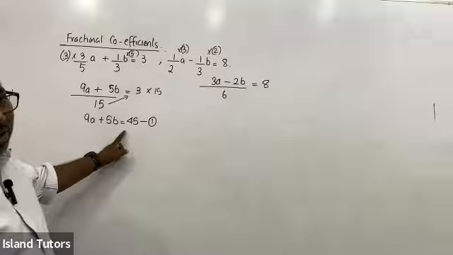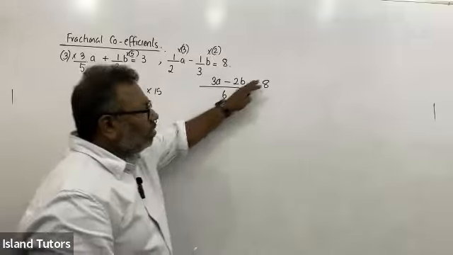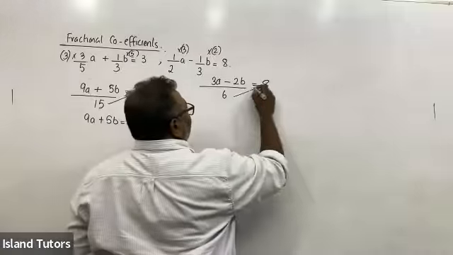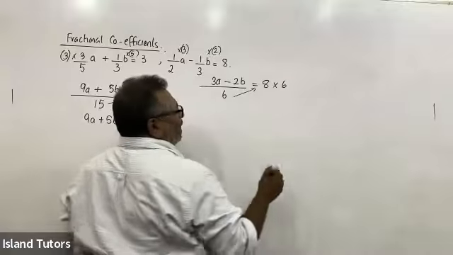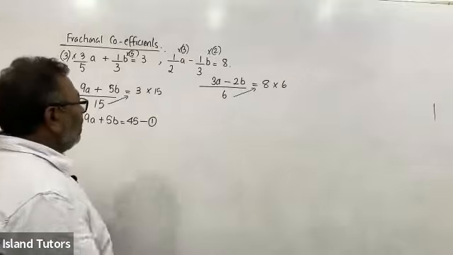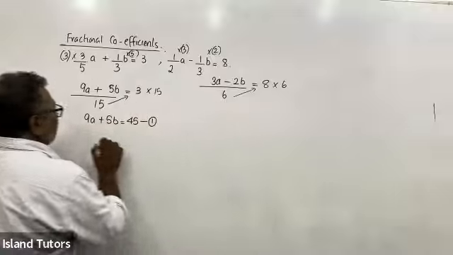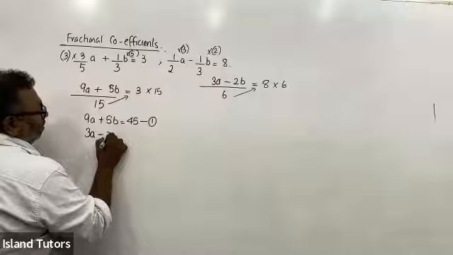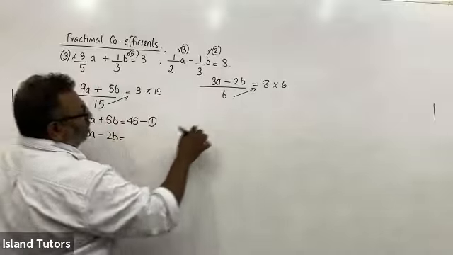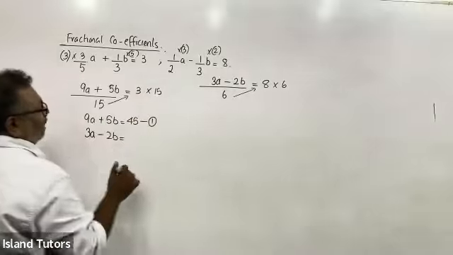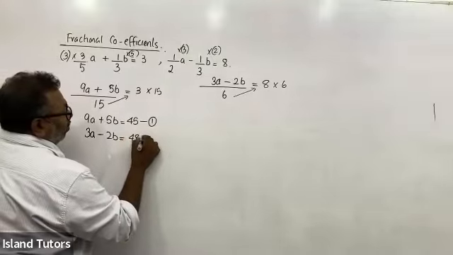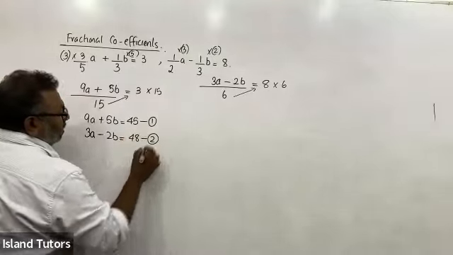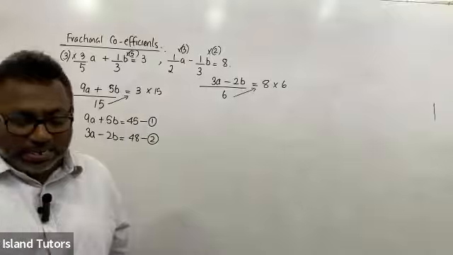So same thing like what you did here, you just cross multiply and bring the 6 to the numerator. So now you have 3a minus 2b is equal to 8 multiplied by 6, 48. This is your second equation.